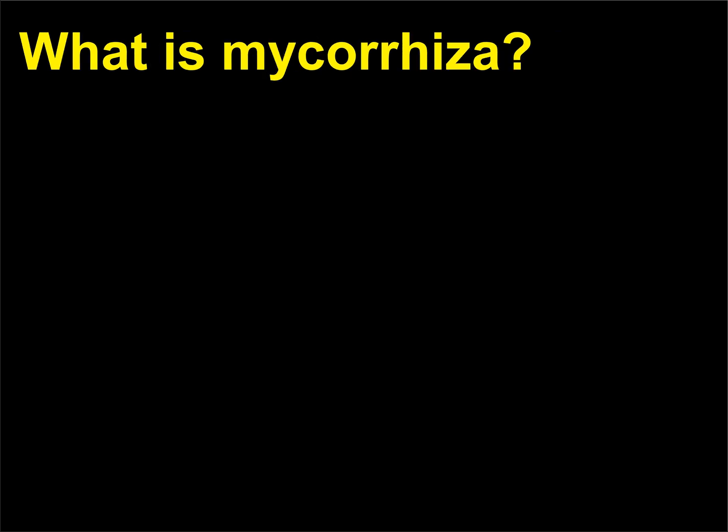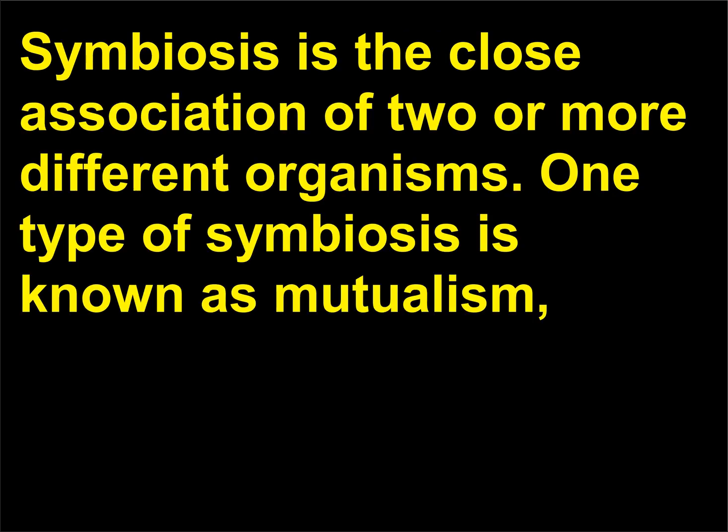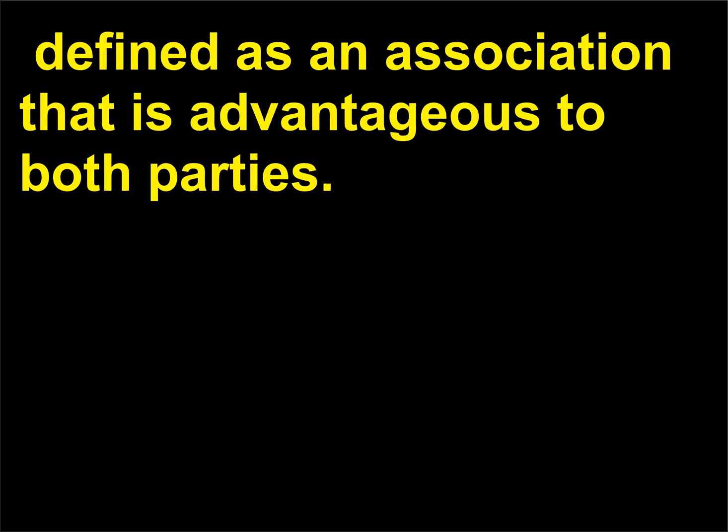What is mycorrhiza? Symbiosis is the close association of two or more different organisms. One type of symbiosis is known as mutualism, defined as an association that is advantageous to both parties.